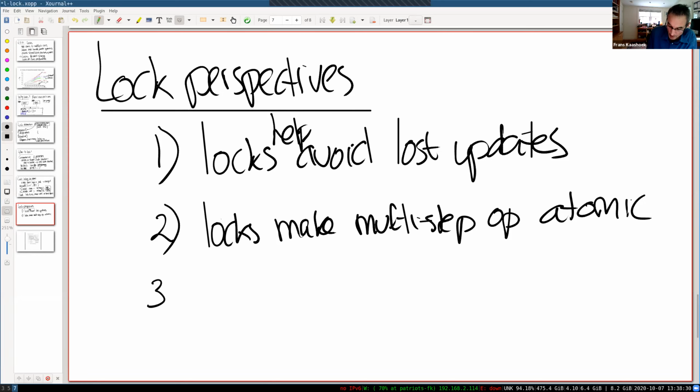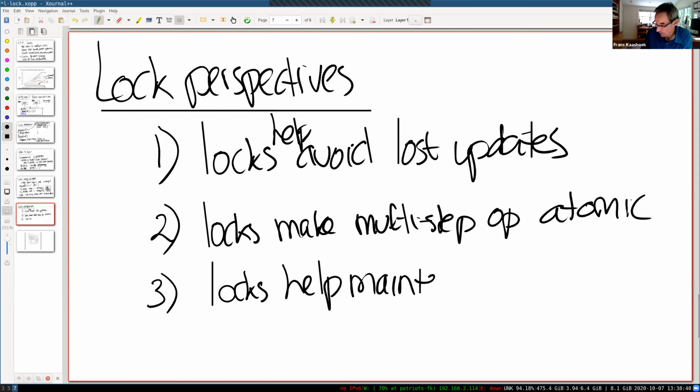And then the third one that may be helpful is that what locks do is help maintain an invariant for the shared data structure that they're protecting. What really is going on is that before acquire, if there's no lock holder, that invariant holds. When we acquire the lock and do some operations, then temporarily that invariant may be violated.